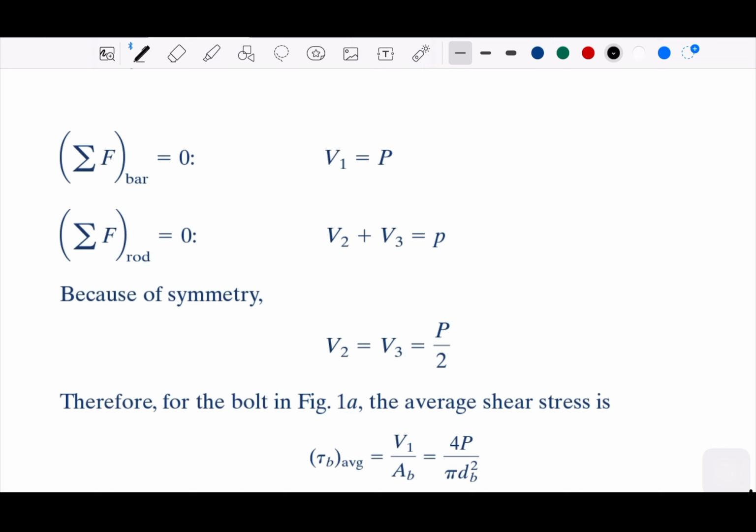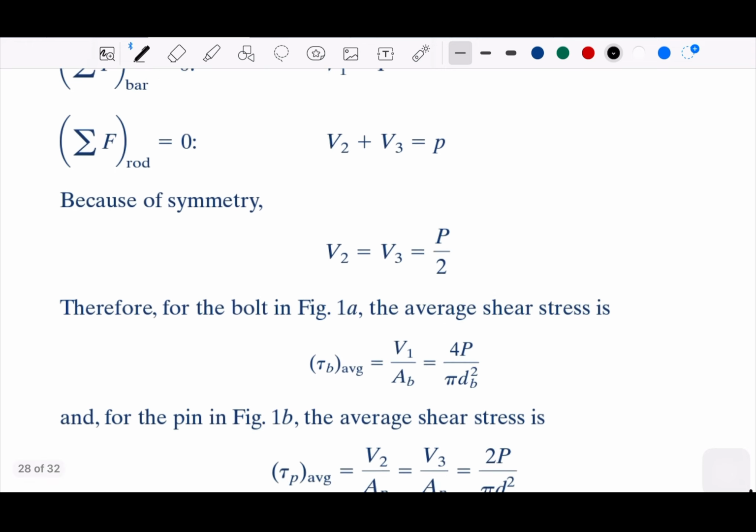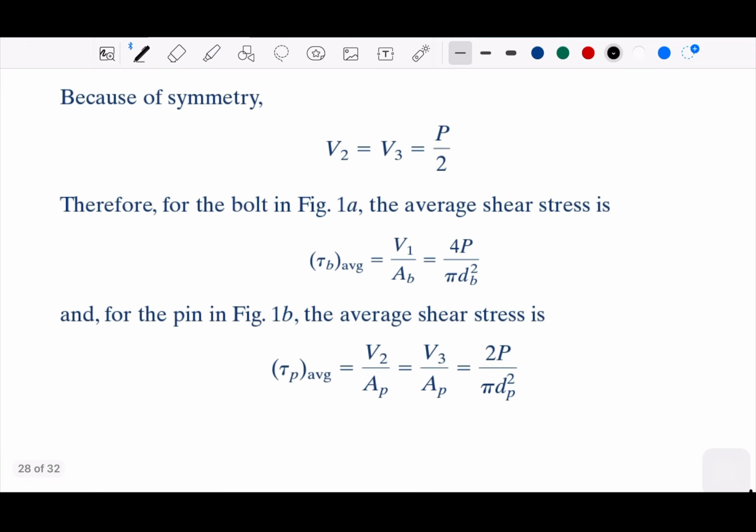Now the difference between the single and the double will be in this formula. So this is for the single shear. Let me write that for you so you can have a clear distinction between those two. This will be the single shear.